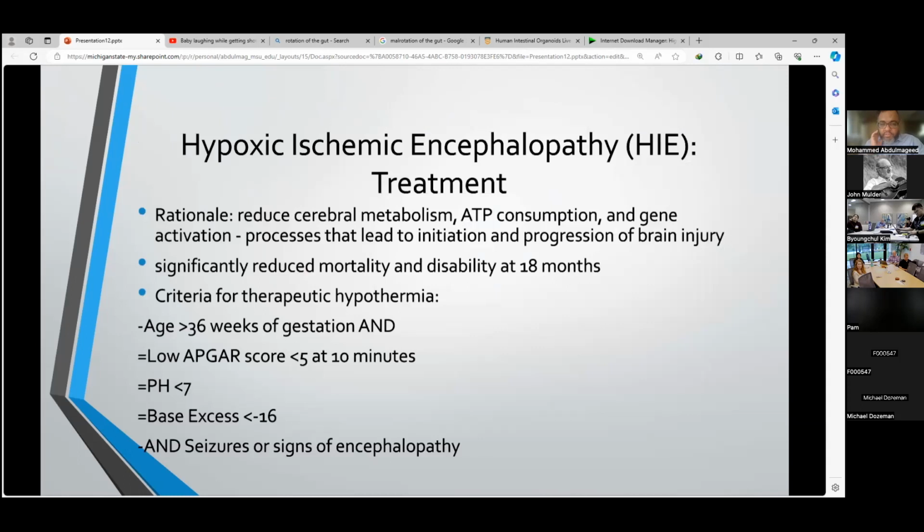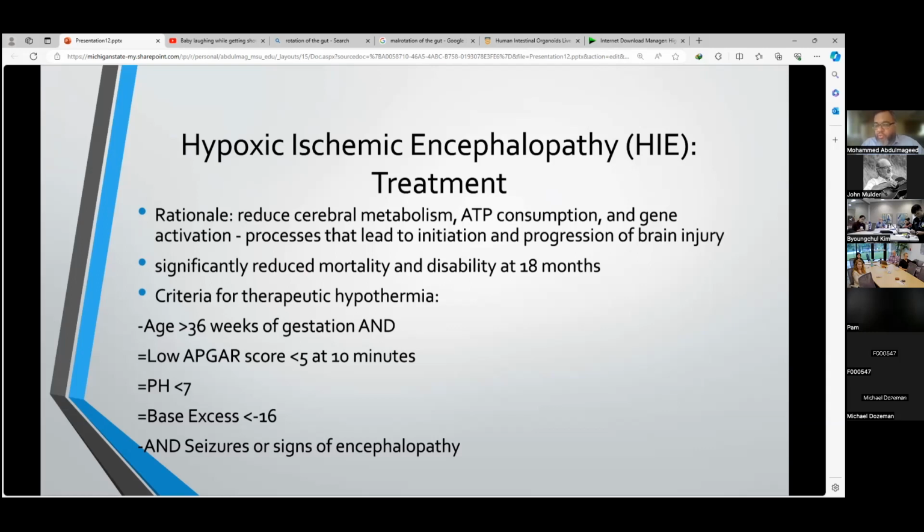So what is the treatment? The rationale is similar to what I mentioned in submersion injury. It's to reduce cerebral metabolism, reduce ATP consumption, and gene activation. These processes lead to initiation and progression of brain injury. Once you cool the baby's body and the brain, all these processes will stop and not advance.